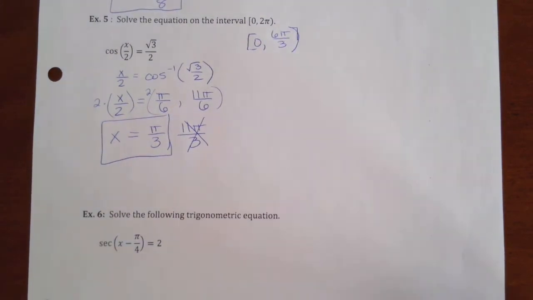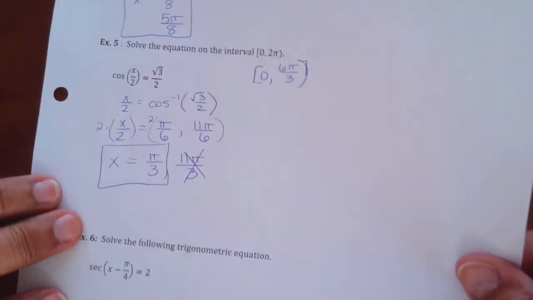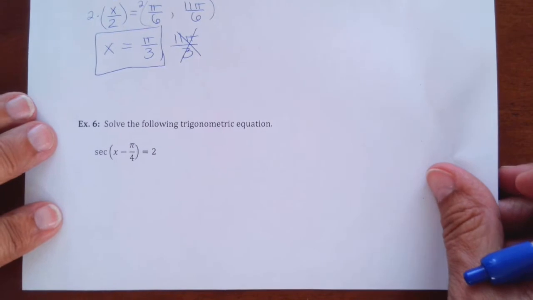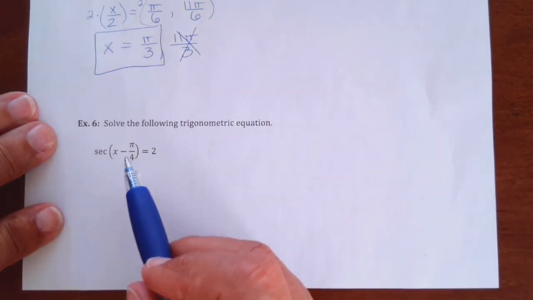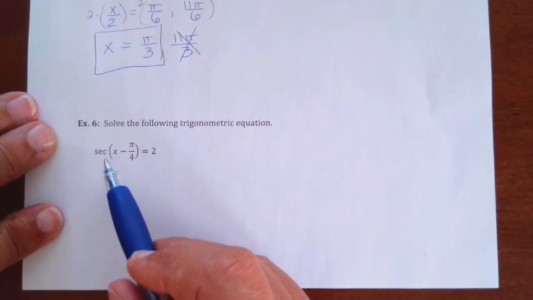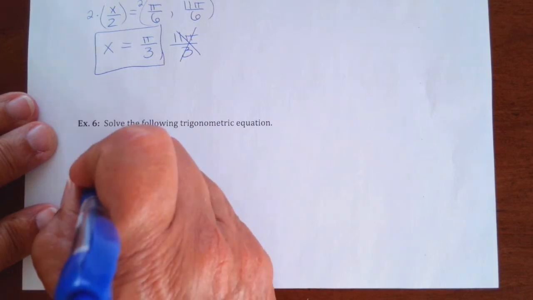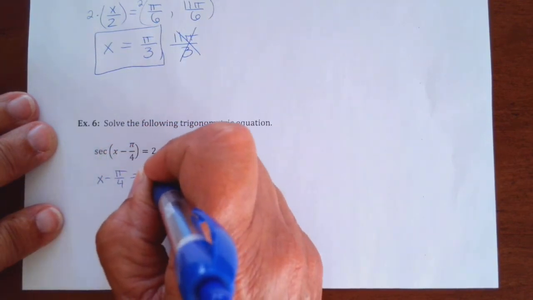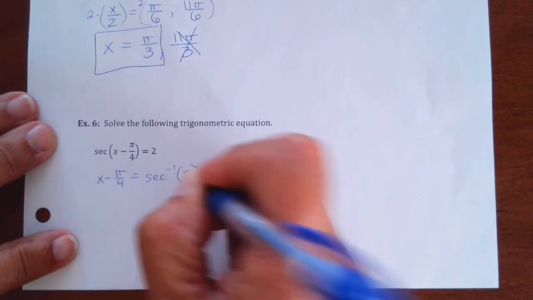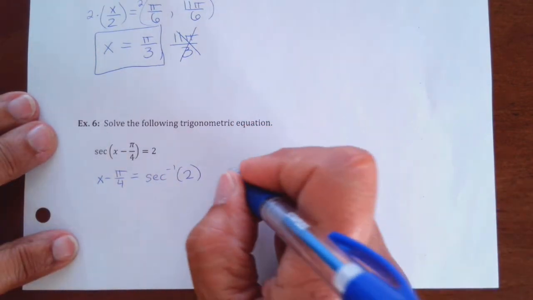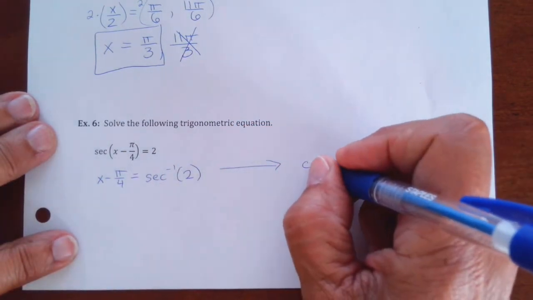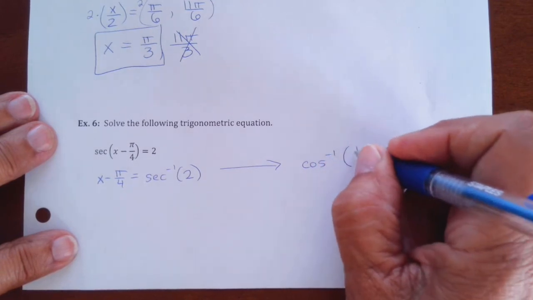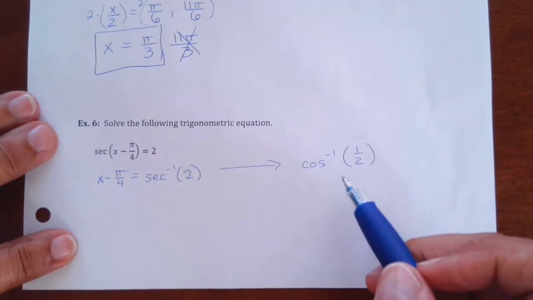All right, the last one on this page doesn't give me an interval, so this is a general solution. So again, I've got to get rid of secant first. That's the outside. So I'm going to leave the x minus pi over 4 and take the inverse secant. Okay, so remember, the inverse secant is the same thing as inverse cosine being 1/2.